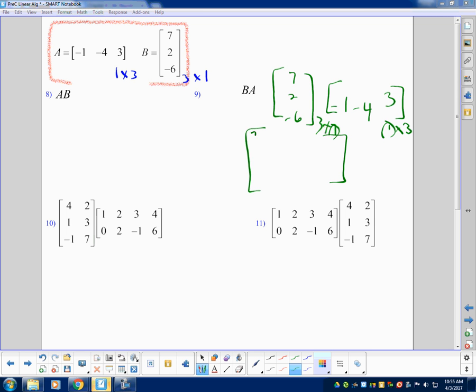So we have 7 times negative 1, and then what's the next term going to be? 7 times negative 4, and then we have 7 times 3. And that'll be my top row. And then I have 2 times negative 1, 2 times negative 4, and 2 times 3. And then I have negative 6 times each of those same 3 elements.